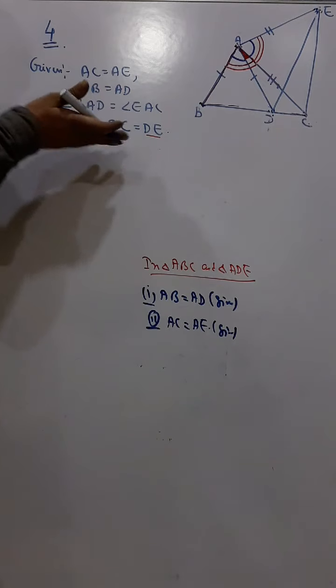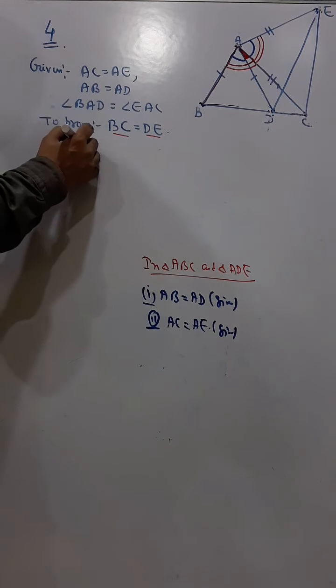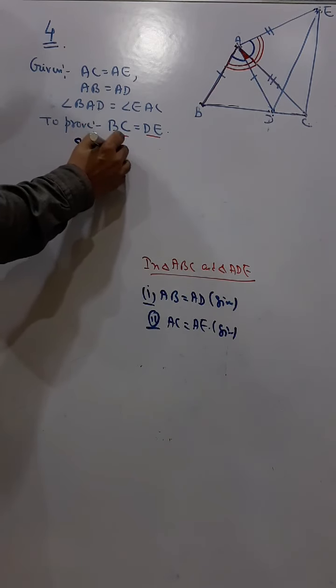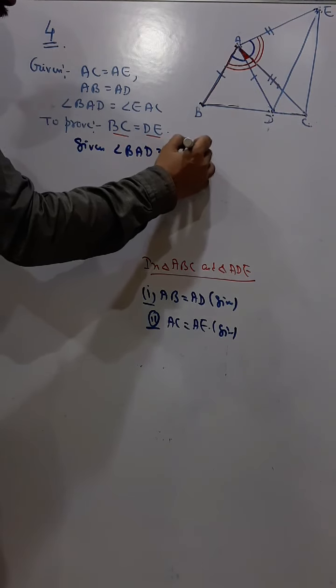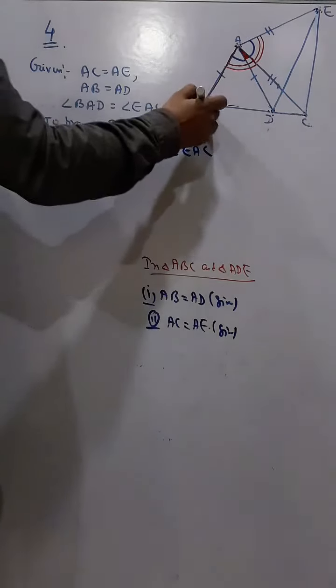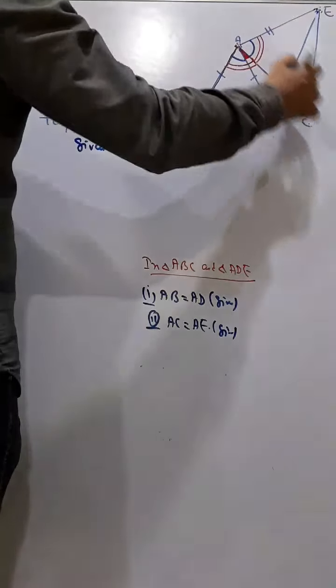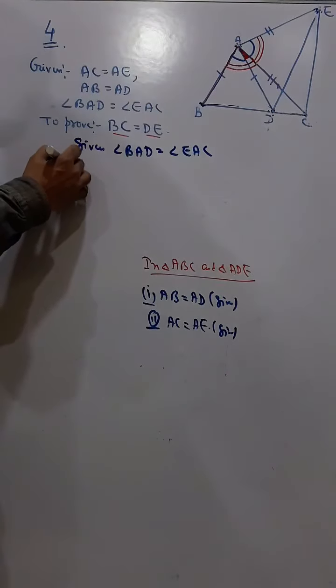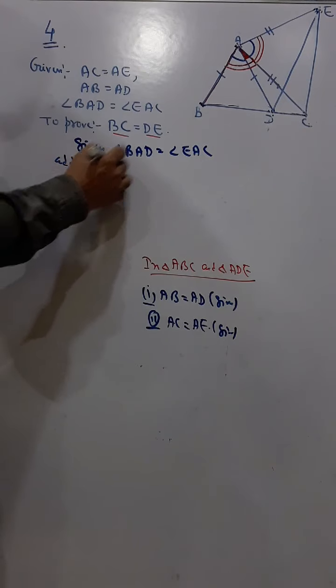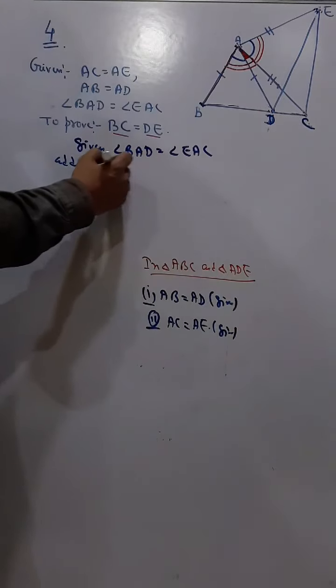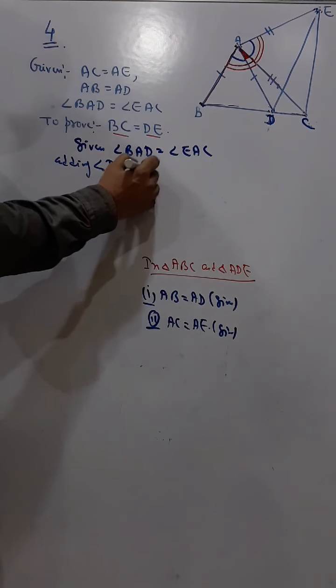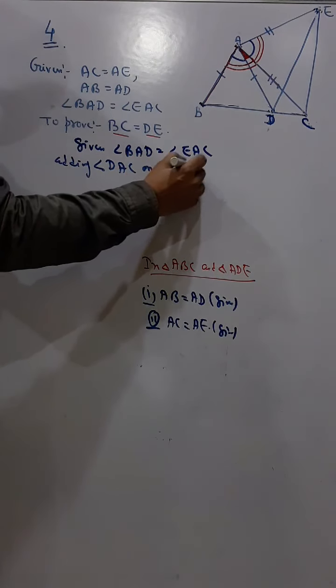So generally we start like this: given what, angle BAD is equal to angle EAC. So BAD equals EAC, it was given, and now what I will do, adding angle DAC on both sides.